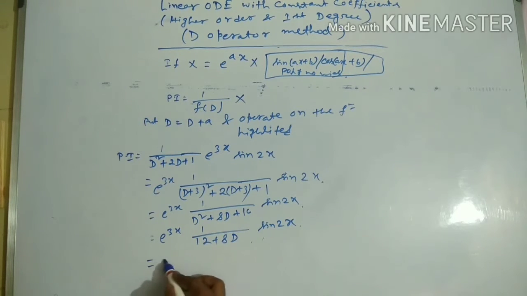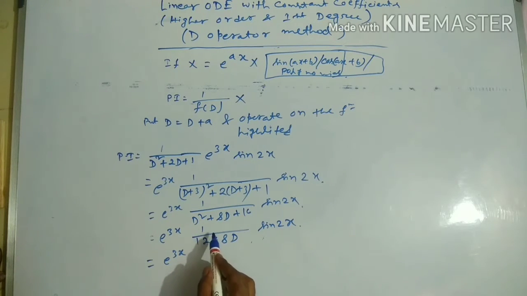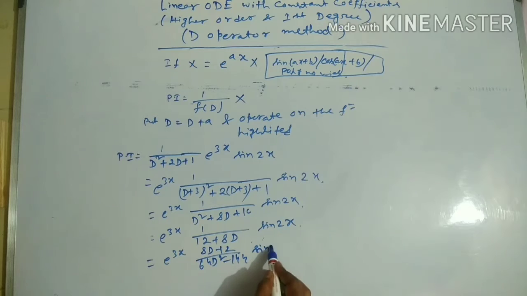Now, since there is no D square in the denominator and we need D square in the denominator for sine cos function, for putting D square equal to minus a square, we will multiply by 8D minus 12 in the numerator and denominator. It will give us D square in the denominator, so that we can put minus a square in place of D square. So after multiplying by 8D minus 12, it will be 8D minus 12 by 64D square minus 144, sine 2x.